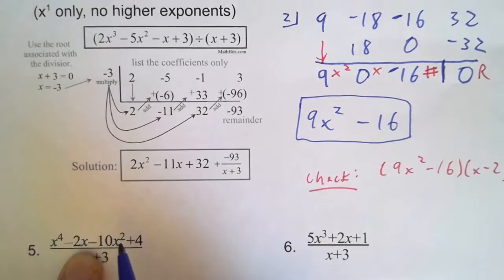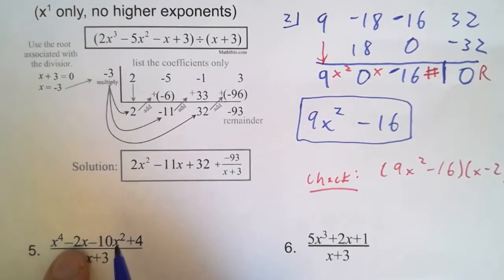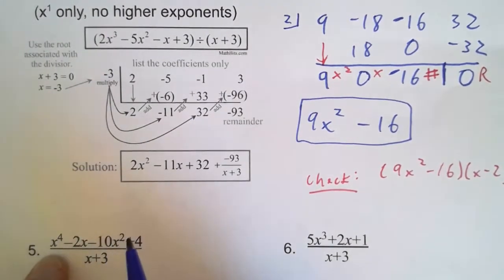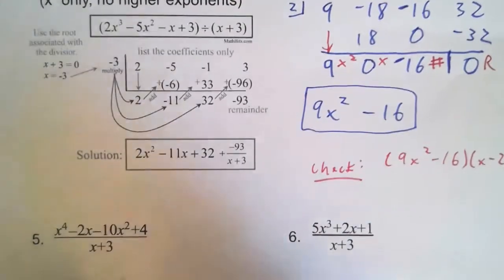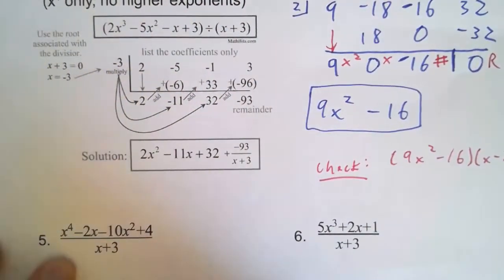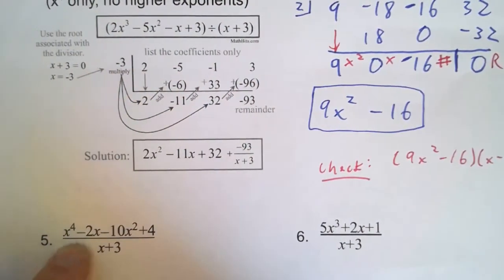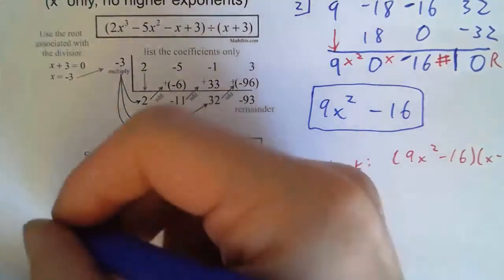Well, then also take a look at what we did. Even if we flip-flop those, we'd have x to the fourth and then x squared. Something missing there. Usually after x to the fourth would be x cubed. So we're going to need a 0 placeholder for that. If we have any missing terms, we're going to need a 0 placeholder.